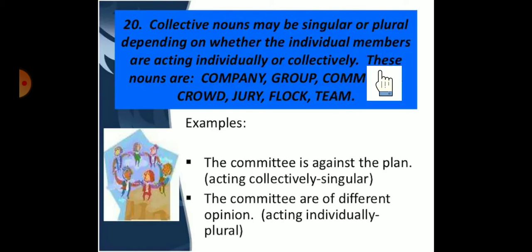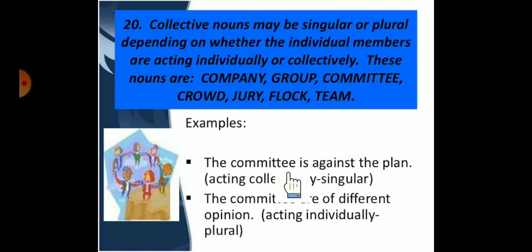Here these nouns are company, group, committee, crowd, jury, flock, team. So when these kinds of collective nouns come and the members of these collective nouns are performing individually or in a group, then we should differentiate between the singular or plural form of the verb.